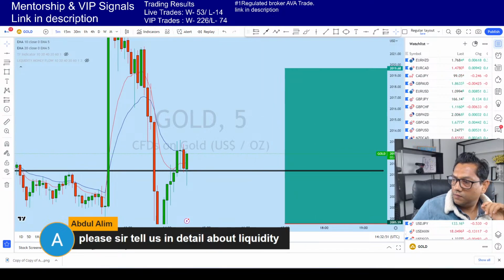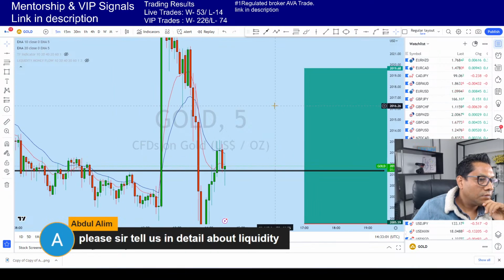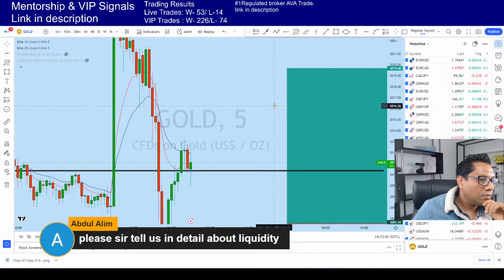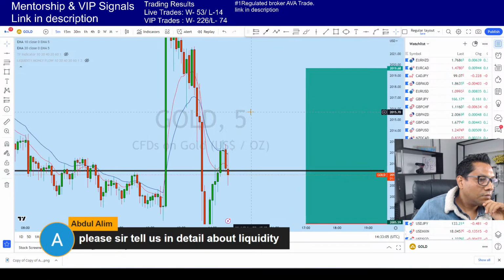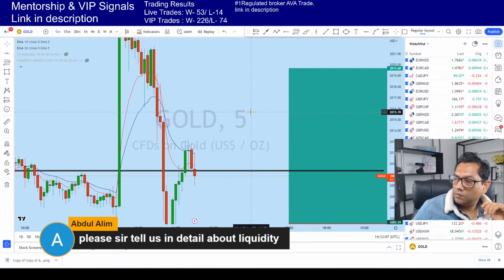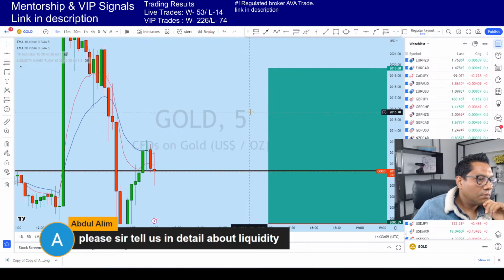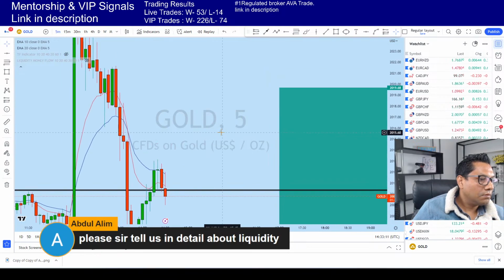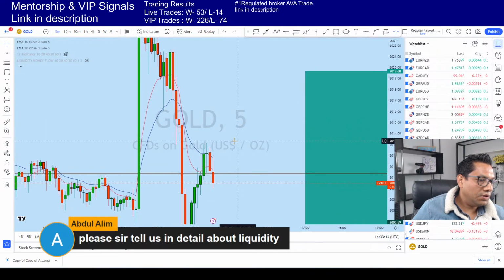Well done. Now that's a problem. If you see that from the 20 EMA the candle is dropping, it's an issue.